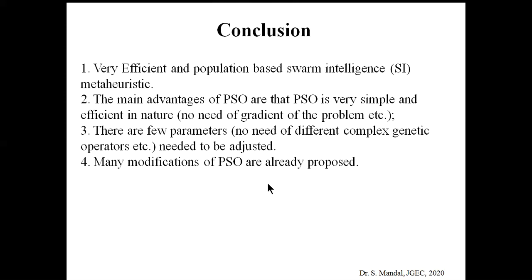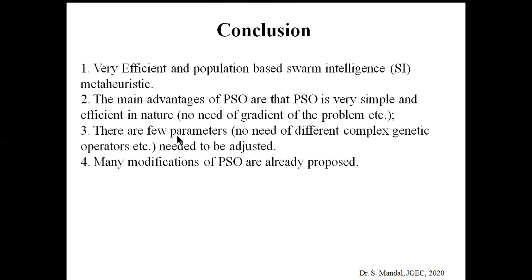Coming to the conclusion, PSO is a very efficient, population based swarm intelligence metaheuristic. The main advantages of PSO are that it is very simple and efficient in nature. There is no need to calculate the corresponding gradient. You only need to use a simple mathematical equation to get the optimal point. Moreover, there are very few parameters that need to be tuned.